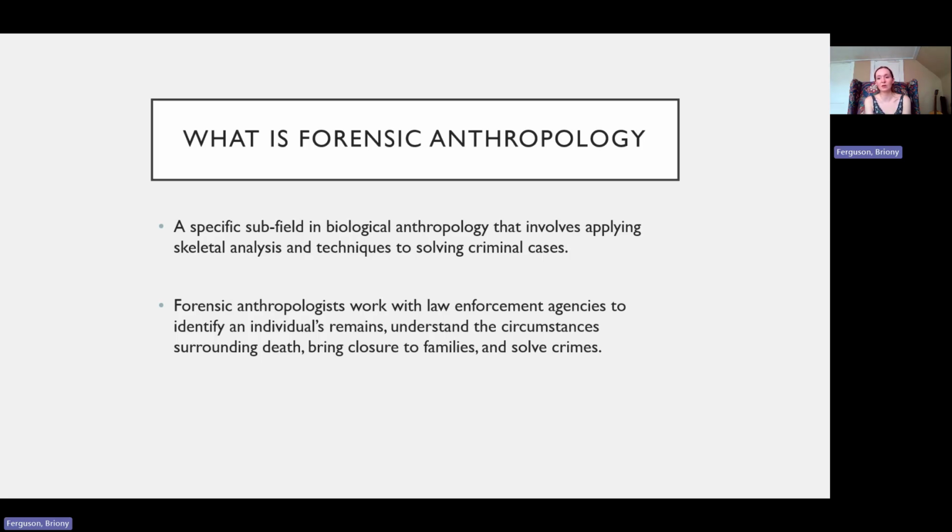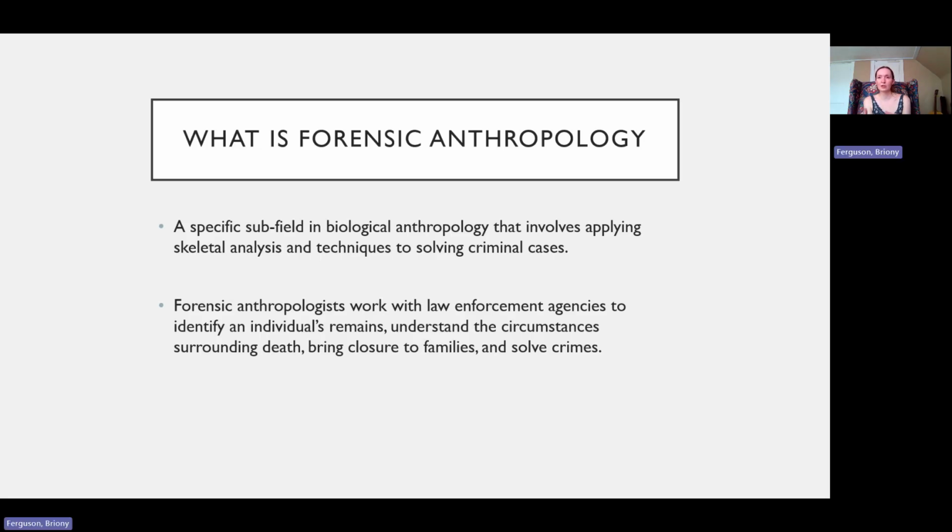It's also going to depend on the forensic anthropologist, because especially if it is a forensic anthropologist that is working at a university, that is really working with law enforcement to allow students to get that opportunity and that experience, they aren't going to be working on cases that have a high chance of there being any kind of legal action involved.